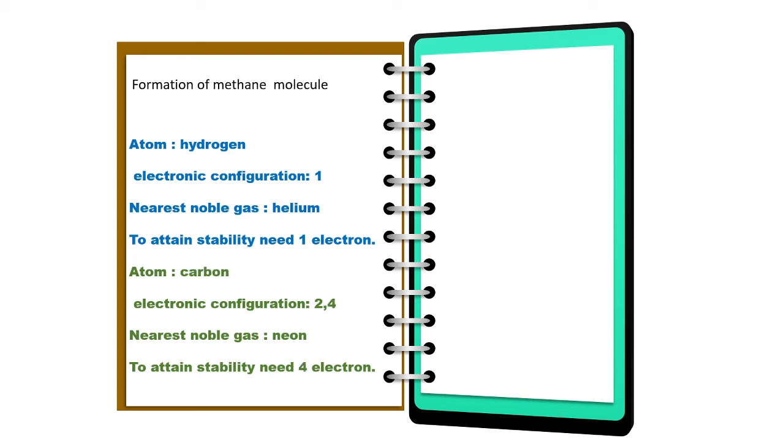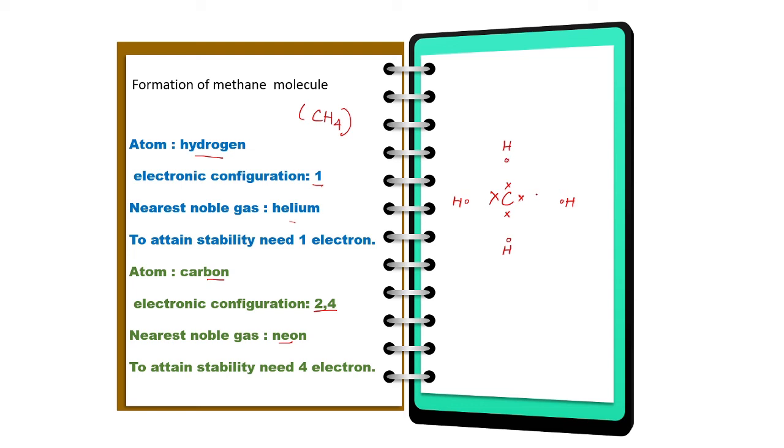Next example is of methane. So the formula for methane is CH4. Therefore, the combining atoms are hydrogen and carbon, whose configurations are 1 and 2, 4 respectively, and the nearest noble gas for hydrogen is helium, and for carbon is neon. So let us draw carbon at the center and 4 hydrogen at 4 different corners. Carbon has 4 valence electrons, hydrogen has 1.